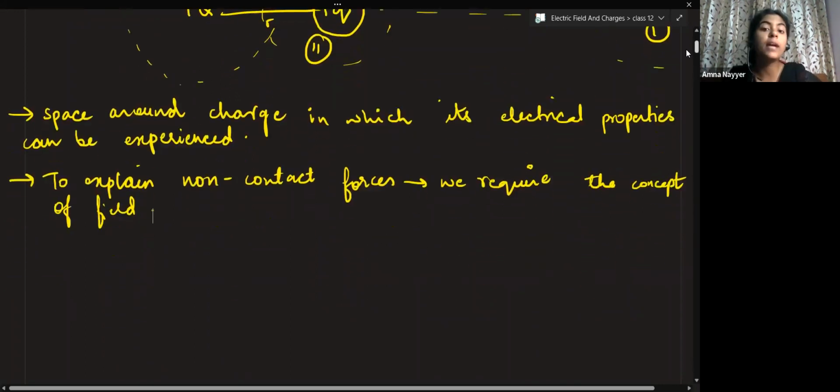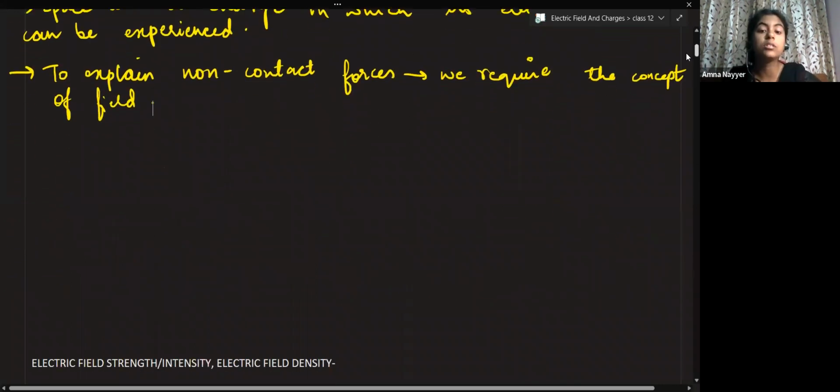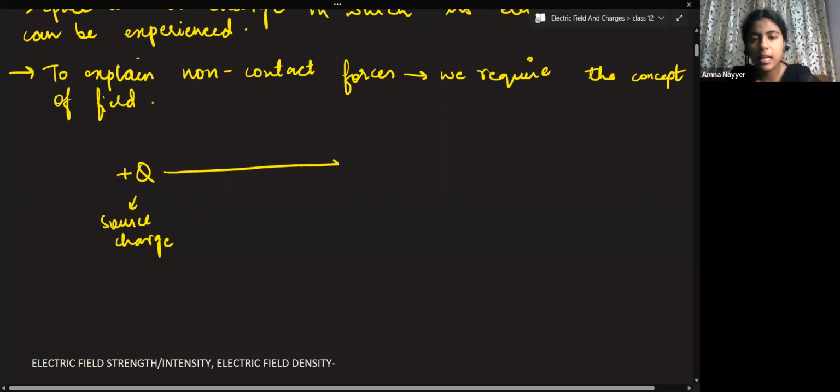Now see, how can we explain non-contact force regarding this? See, if I say this is a source charge plus Q, this is a source charge with me. Let's say this is a source charge, meaning a stationary charge which is exerting its electric field, let's say in some direction.